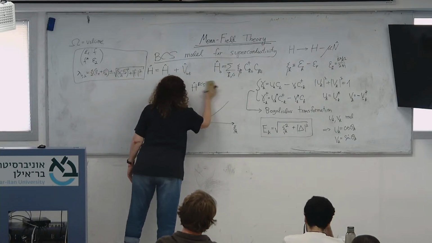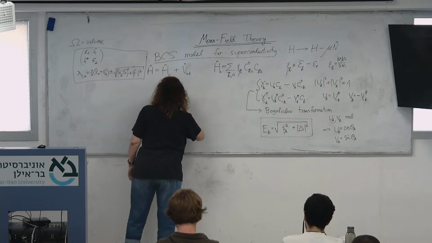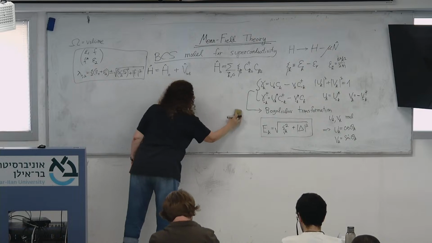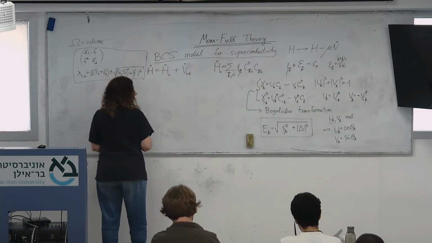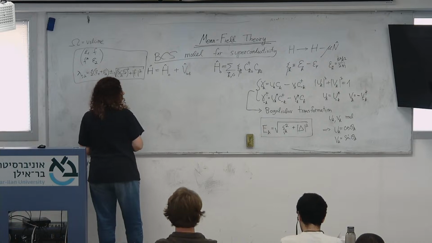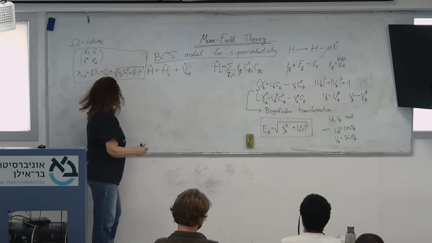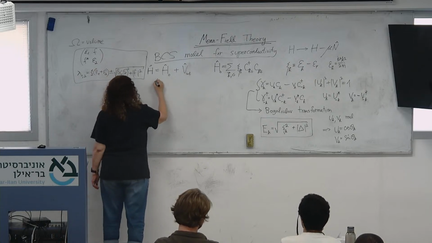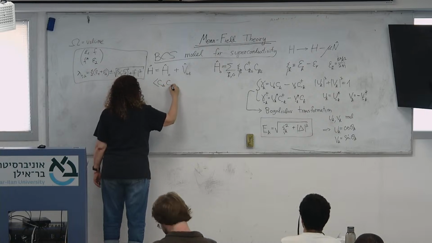Okay, so let me erase this for the moment. So first of all, let me remind you what I did. I assumed that there is an order parameter, which is this, that is non-zero.